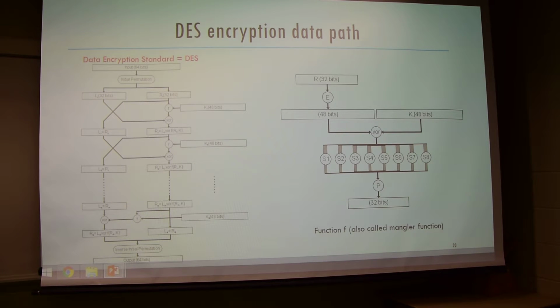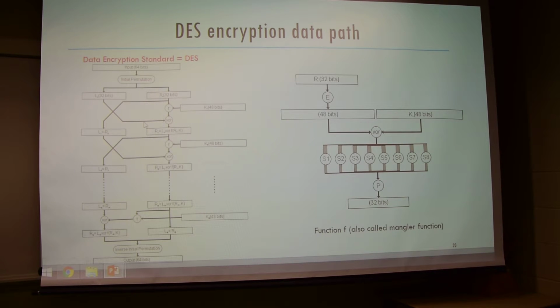DES is an old standard, the Data Encryption Standard. So how does this algorithm work? This is the flow of the entire algorithm. It starts from one initial permutation, and then this is one round from here to here.